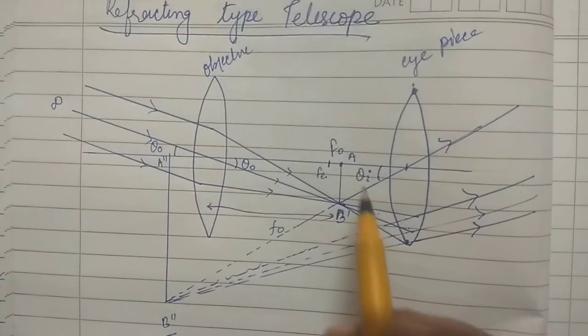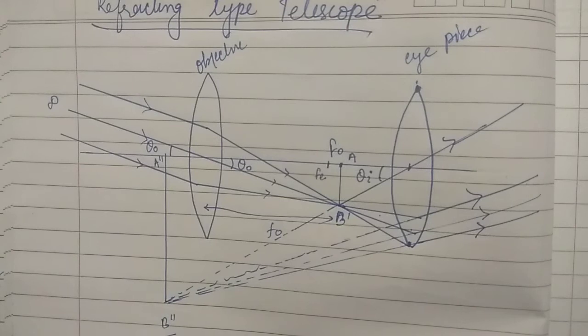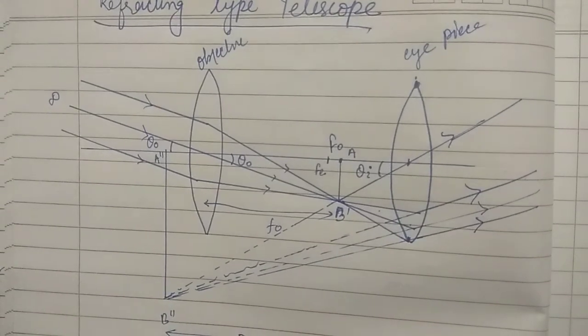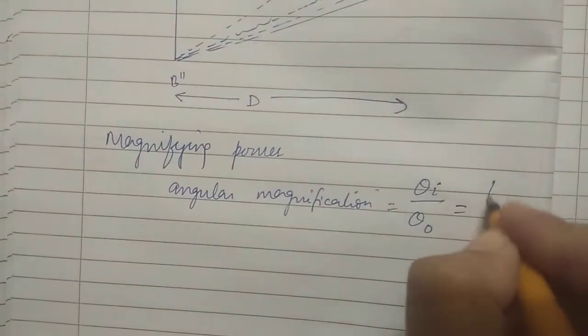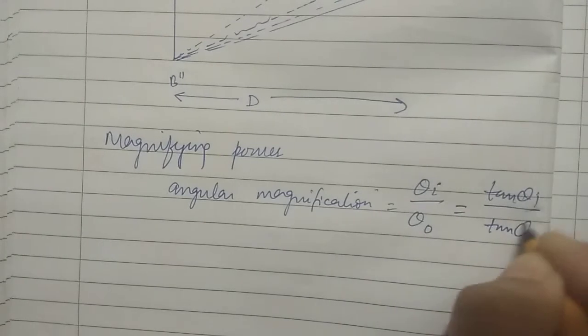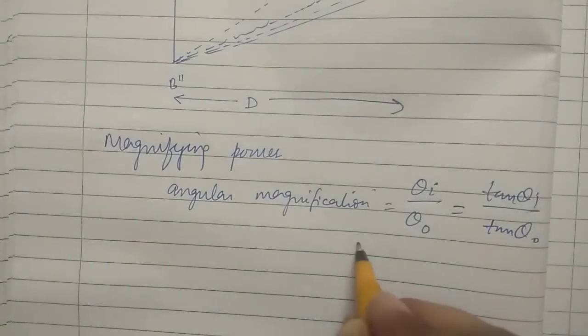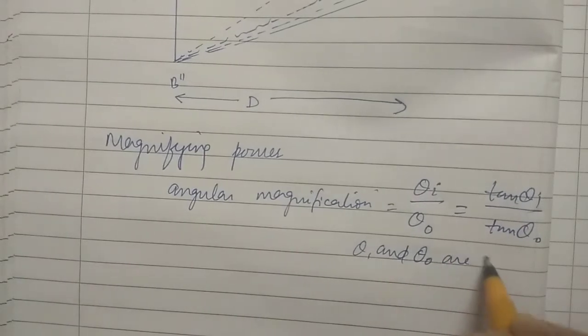Now as these thetas are very small, we can use approximation. If theta is very small, theta can be written as tangent theta. So I'm going to write here tan theta I over tan theta naught, as theta I and theta naught are small angles.